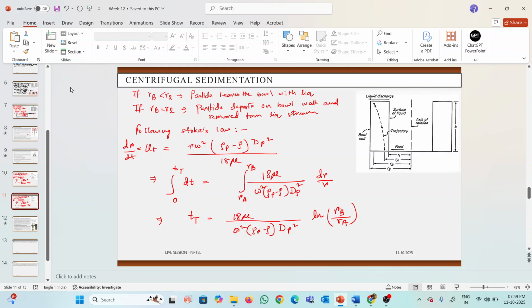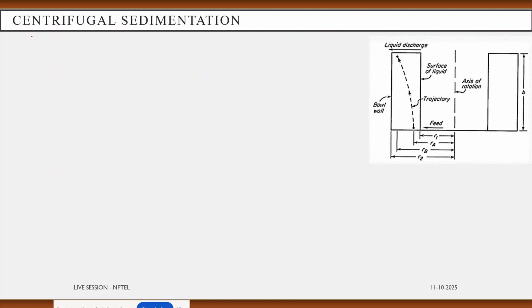So you want to now estimate what is the volume of liquid in the bowl. That is V equals pi b (R2 square minus R1 square). From there, you can easily calculate the volumetric flow rate.